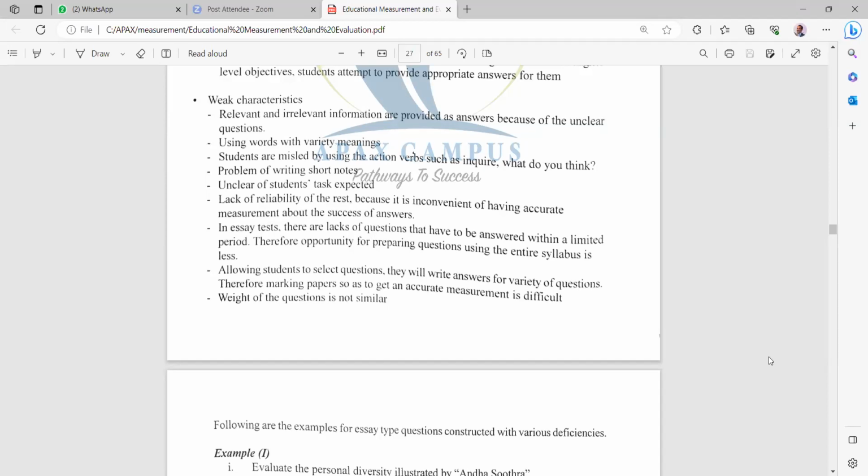So therefore, the opportunity for preparing questions using the entire syllabus is less.